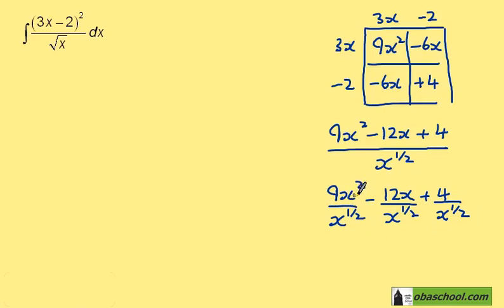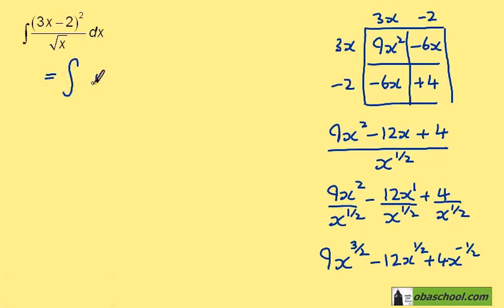We're dividing here, so we subtract indices. 2 take away a half is 1 1/2, or 3 over 2. x to the 1 divided by x to the half, we subtract the indices, and we get x to the half, and of course this one is 4x to the minus half. So this is the expression that we need to integrate, as it's now in the correct form.